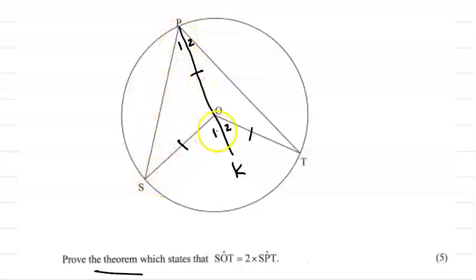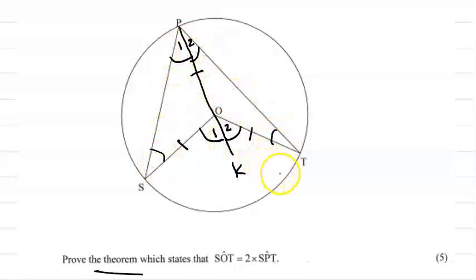In triangle PSO, you have P1, which is going to equal S, and you've also got P2, which is going to equal T. So basically, we're going to be showing that P1 equals S, similarly P2 equals T, and then we're going to say that O1 is going to equal S plus P1, and O2 is equal to P2 plus T, the exterior angle of the triangle.